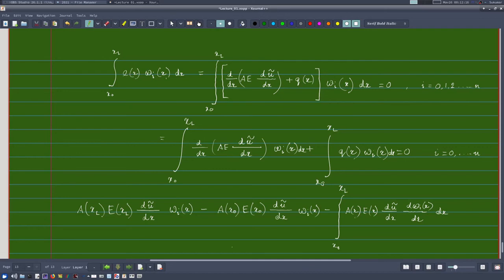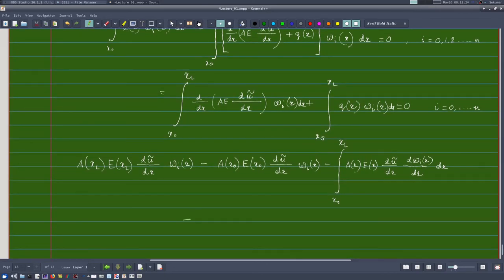This is my first term when I use integration by parts, plus the second term as it is, plus integration of x naught to xL of q(x) w_i(x) dx, and this must be 0, right? Clear?